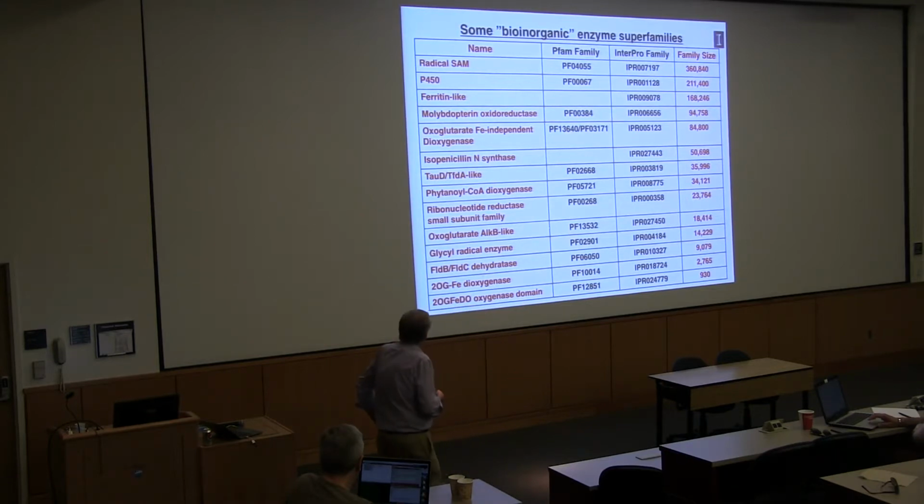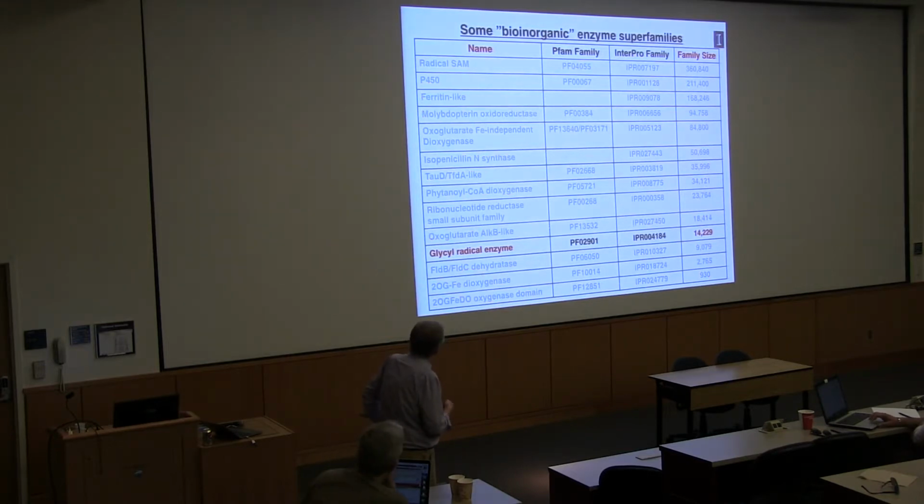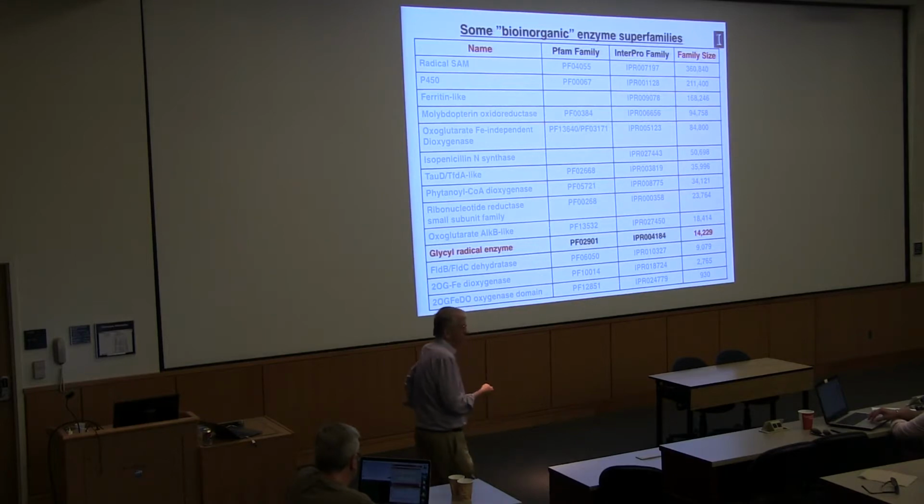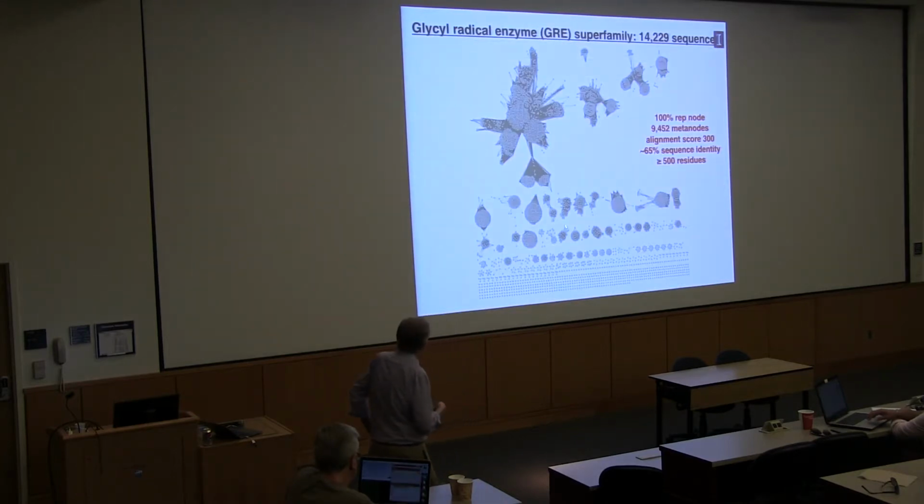Okay, so here are some bioinorganic superfamilies. This is the list that Lauren provided me, and this really isn't bioinorganic, is it? Glycyl radical, of course, there's a radical SAM that activates these to generate the glycyl radical, but this is the glycyl radical network. You can see that there are a number of different clusters.